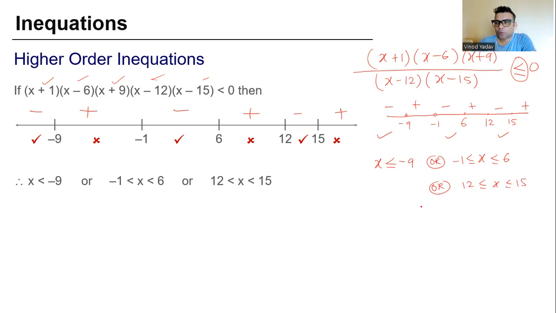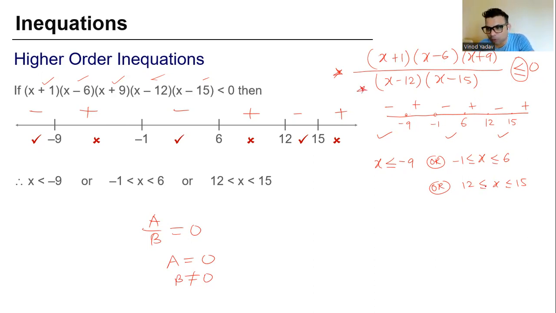Now one more thing to be noted here, friends. Equal to 0: whenever a fraction is equal to 0, what do you feel? There's only one reason, right? That is the numerator is 0. Of course the denominator can never be 0, otherwise it won't be defined, isn't it? So same thing for equality. When you're thinking about equality, only the numerator can be 0.